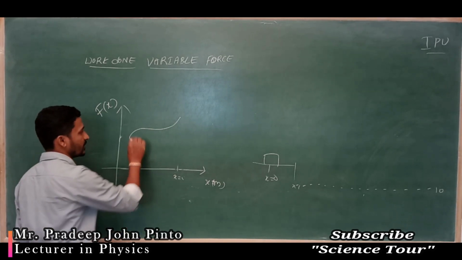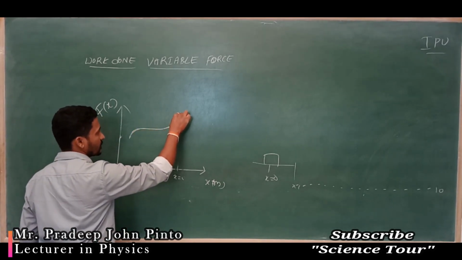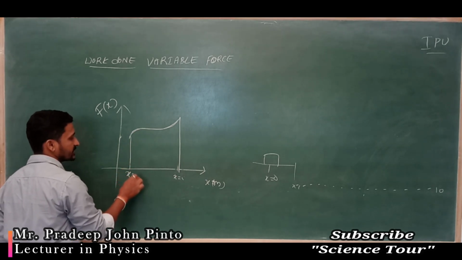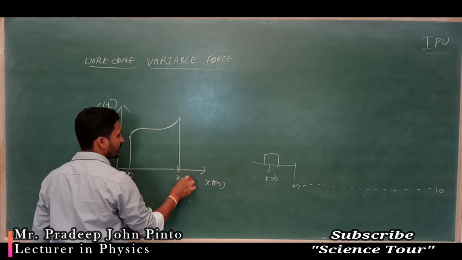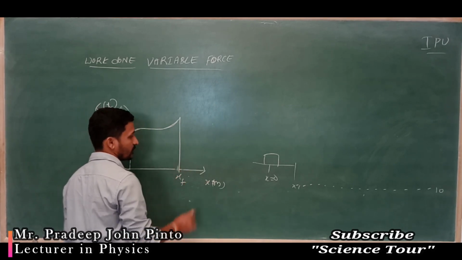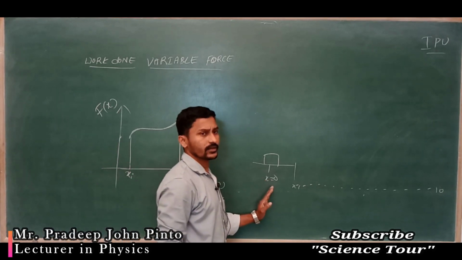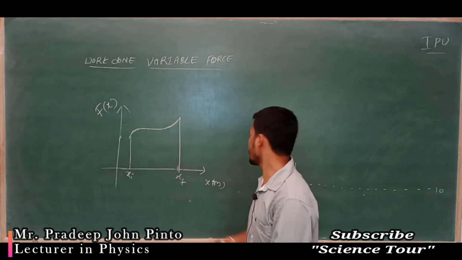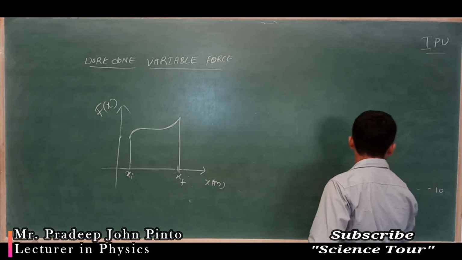Constant means a straight line, but now the force is variable. Generally I write x initial and x final, since I have given the example of x from 1 to 10, but generally x is equal to this much.